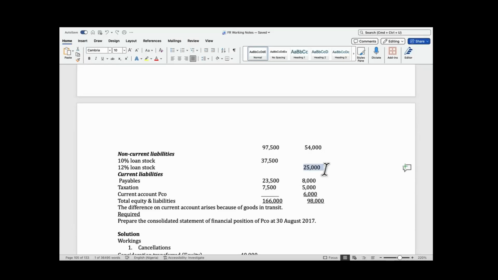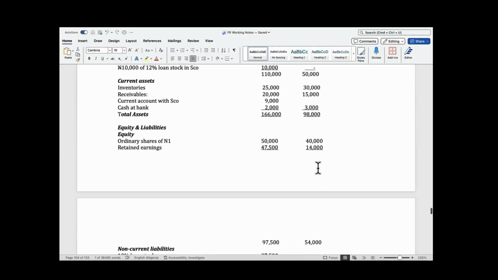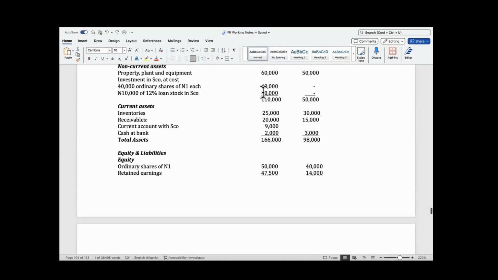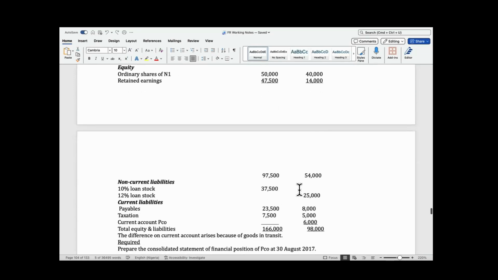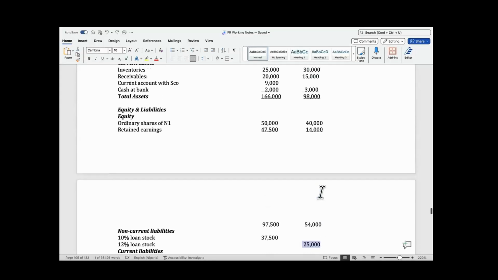So he's owing it to other people, not us. This 25,000, only 10,000 relates to this, which is synonymous to 40%. If you do 40% of 25, it would definitely give you the 10,000. So those are the items that are canceling out.